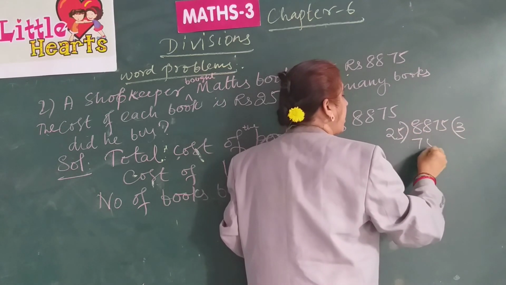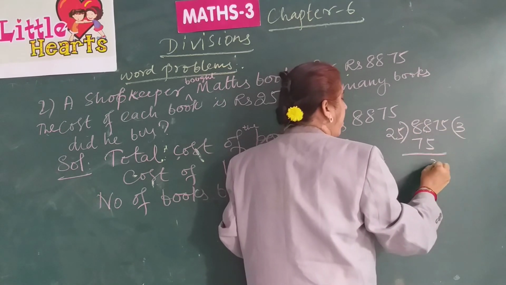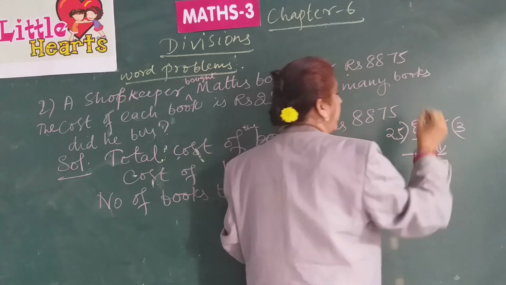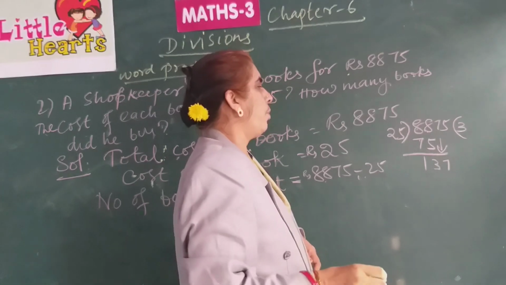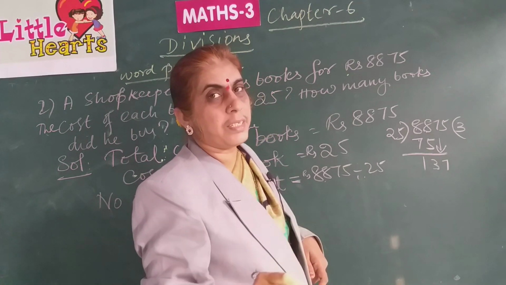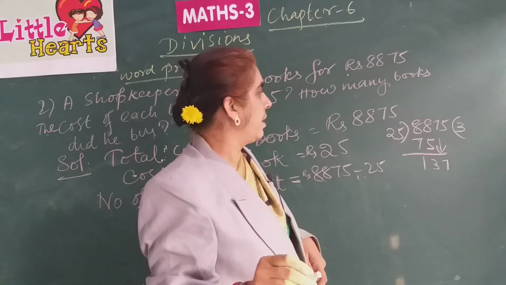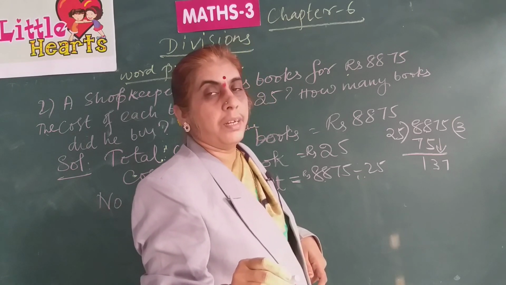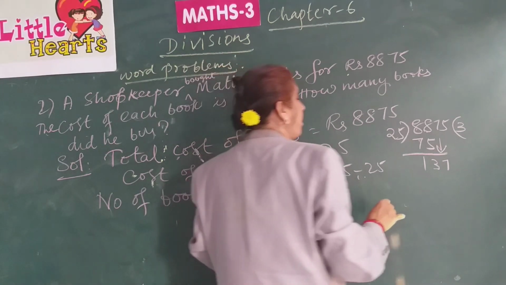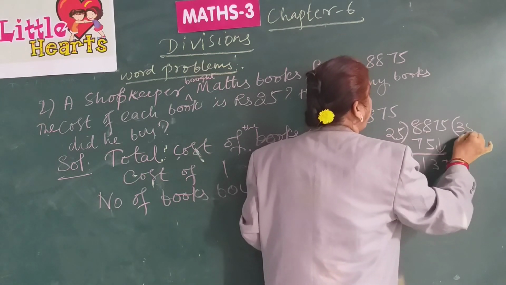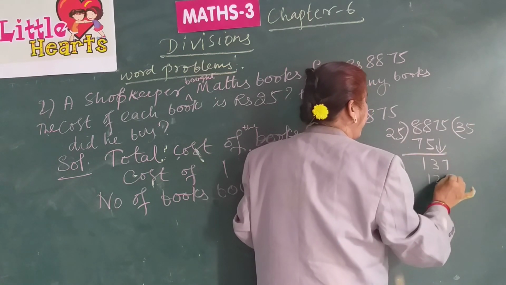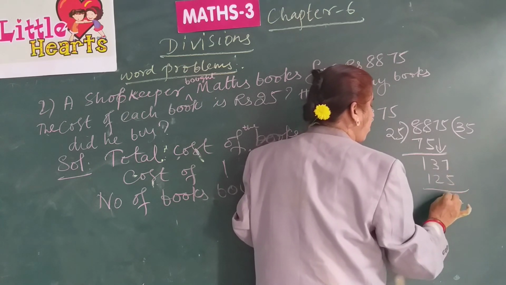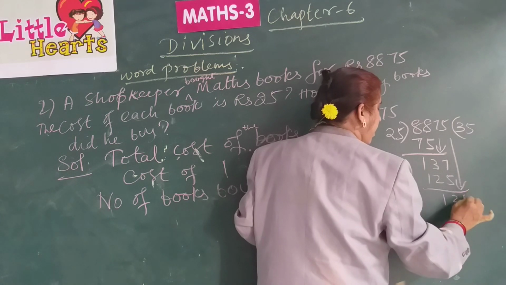Twenty-five threes are 75. 8 minus 5, 3, 8 minus 7, 1. 137. So 25 fours are 100, 25 fives are 125, 25 sixes are 150. So we have to go with 25 fives are 125. 7 minus 5, 2, 3 minus 2, 1, 5.